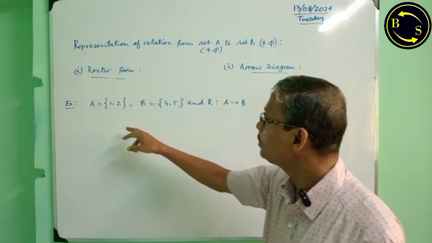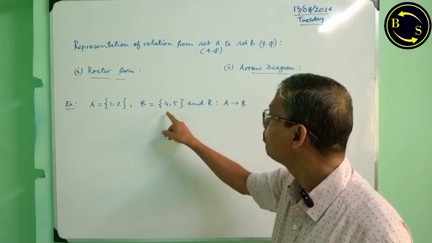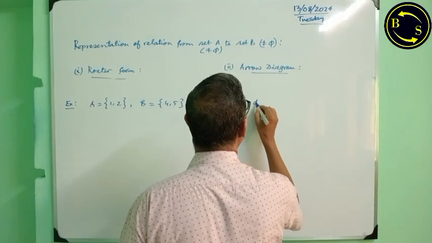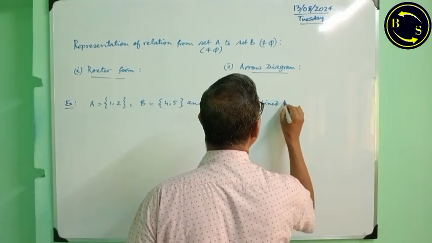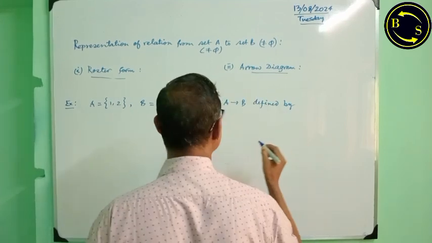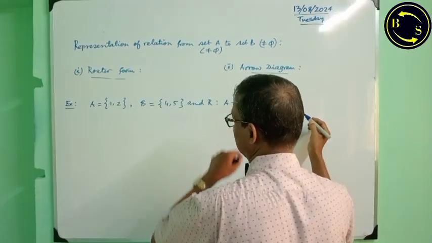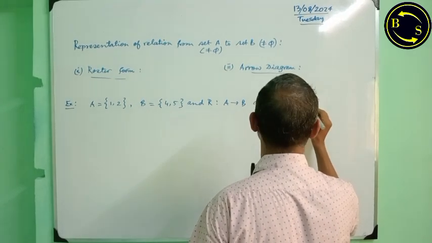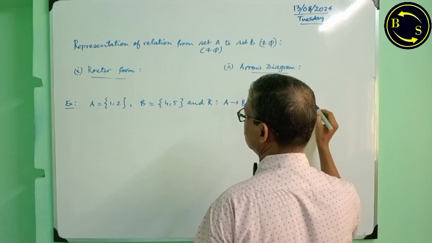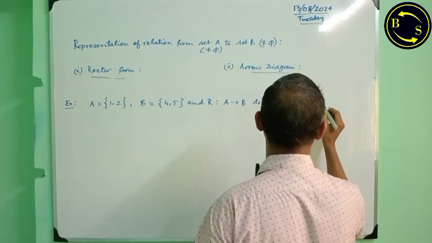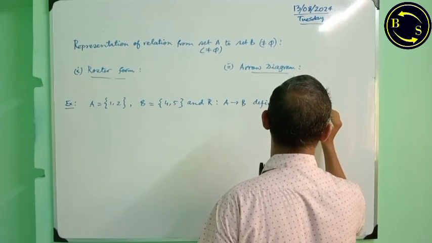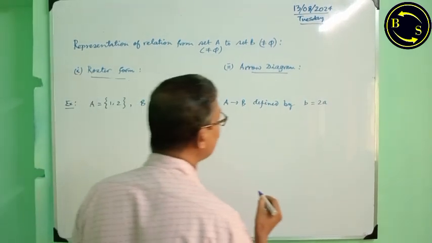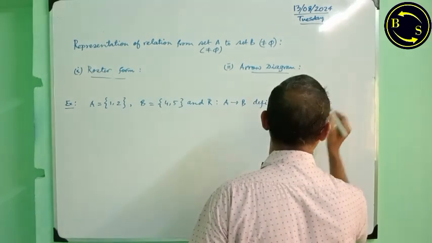Set A members are 1, 2, set B members are 4, 5, and the relation from A to B defined by B equal to 2A.